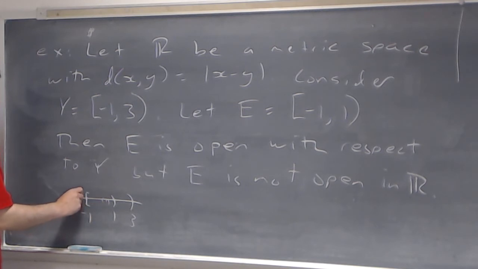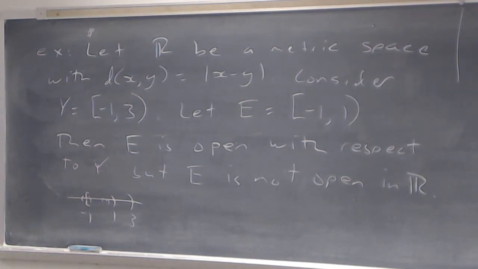If you give me some neighborhood about -1, and you look at just the points that are in Y, you get the right-hand part of that interval. And that forces those numbers to also be in E. So that's why -1 is an interior point of E with respect to Y.